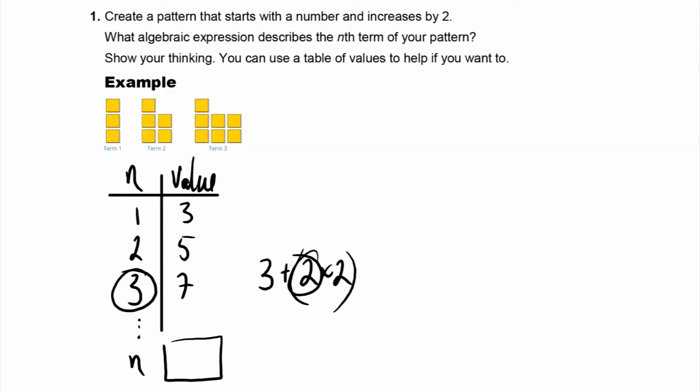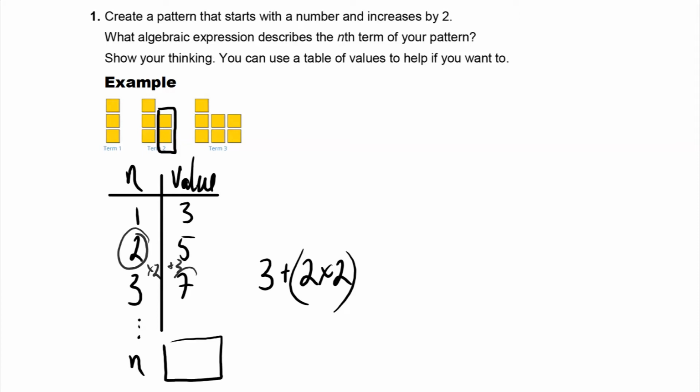So what are we going to do in that circumstance? Well, let's look at this. To get 7, we were using 2 groups of 2. In 5, we were only using 1 group of 2. So rather than being based on n, it's using the previous value of n. To get 7, we did 2 groups of 2 plus the original 3.